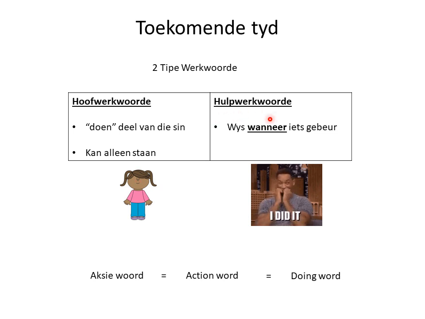A hulpwerkwoord tells us when something is happening or going to happen. Because we are talking about the future tense, the specific hulpwerkwoord is going to tell us when something is going to happen in the future.